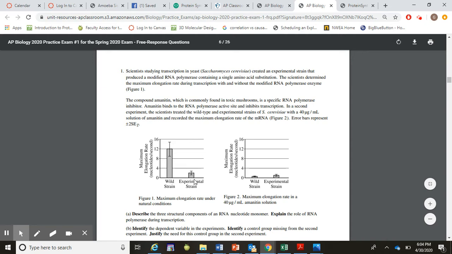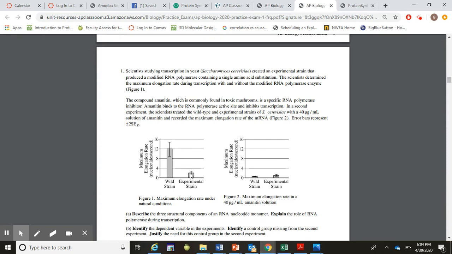When I look at this right away, I see that the elongation rate, or the creation of messenger RNA, is way higher in the wild strain than in the experimental strain. I can also see my error bars are not overlapping, so I know there is a significant difference between the rate of elongation between these two. And I can say that this data would be slightly less reliable because it contains a larger error bar.